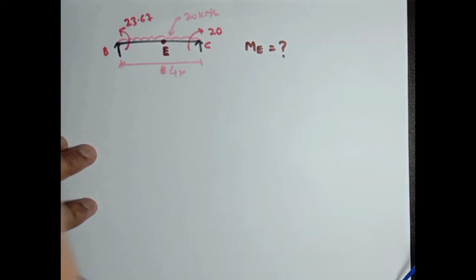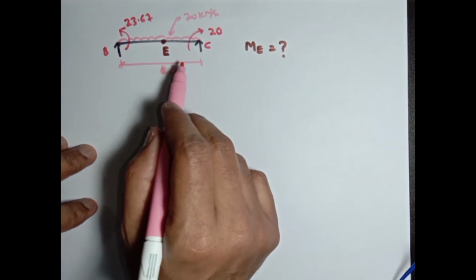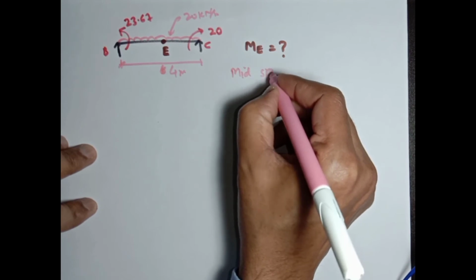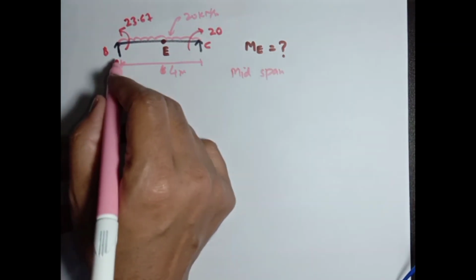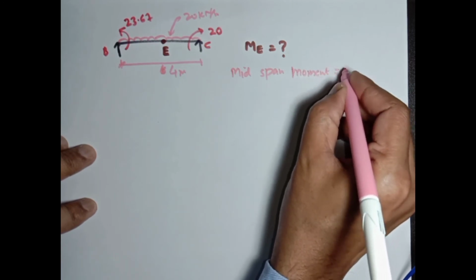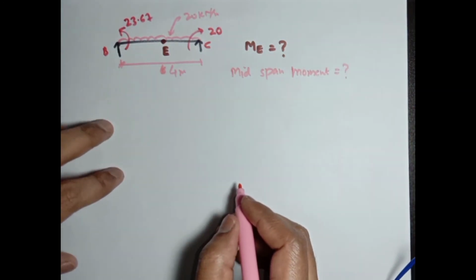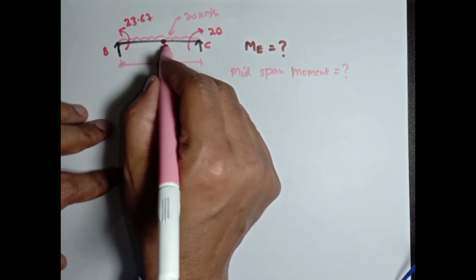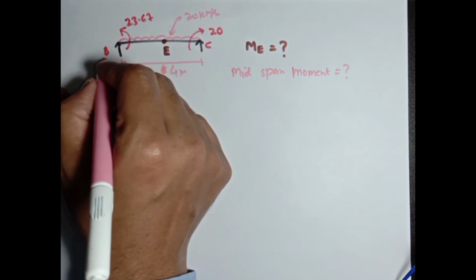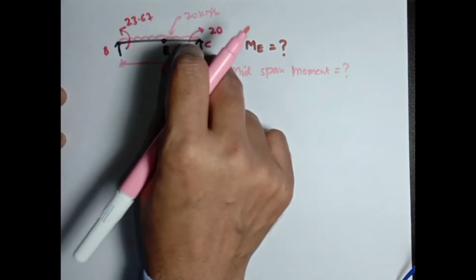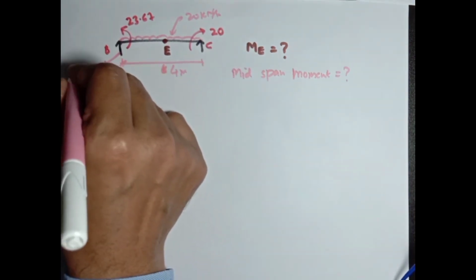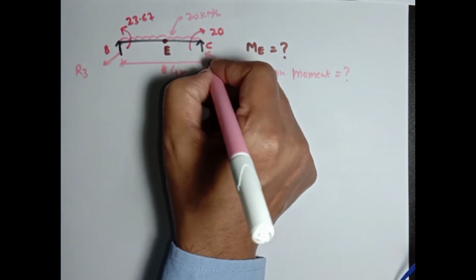Now, as you know, the mid-span moment, at point E, will be what? For that we need to know the reactive forces at B and C. Here the reactive forces are R3 and here it will be R4.